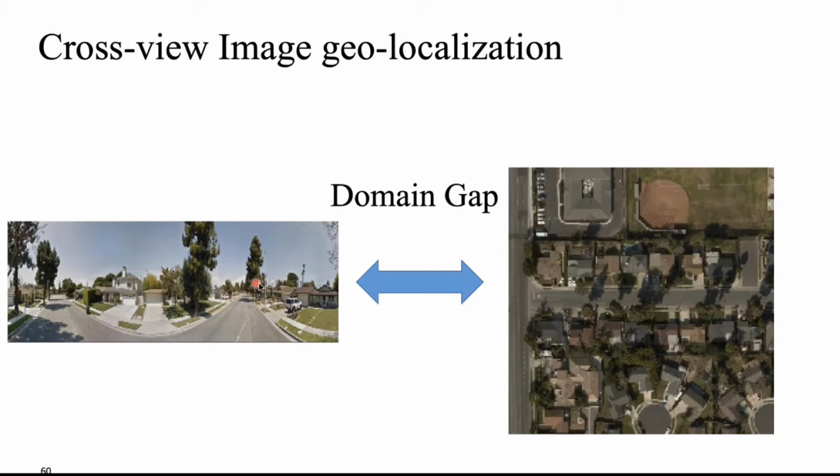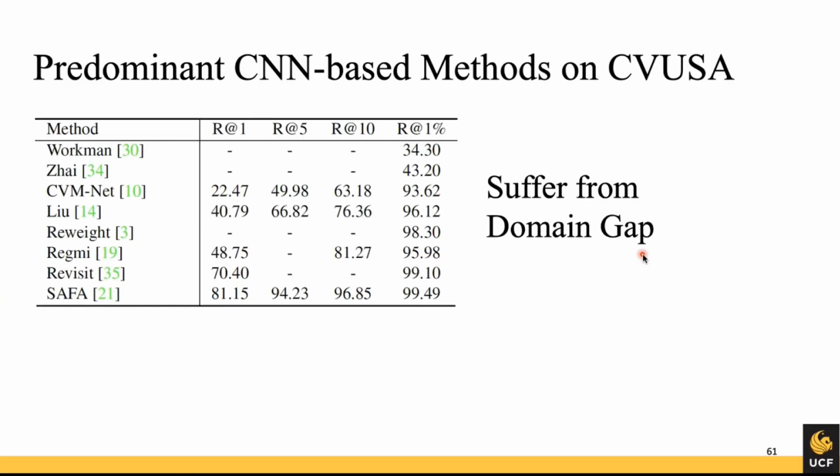So in the street view, you have some of the sides of the buildings, road, but on the satellite view, you only see the roof of the buildings. So that's why some of the early work suffered from low performance. If you look at the top one retrieval accuracy, right, it's not very high, like 80%. So they suffer from this domain gap.